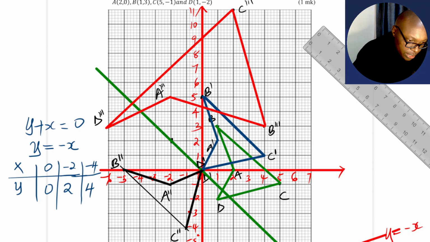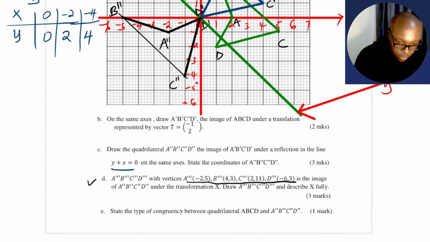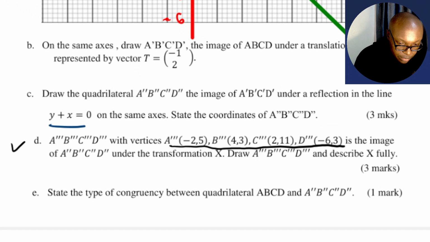So we've done that. Let's see the question. We're given that A3, B3, C3 is the image of A2, B2, C2 under a transformation that you're not given, which is called X. We draw A3, which we have done.